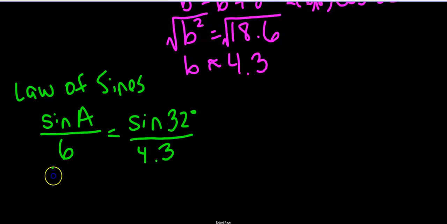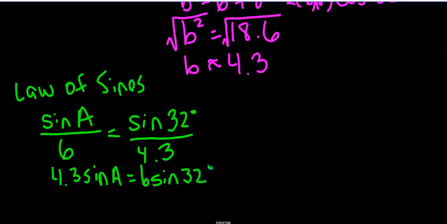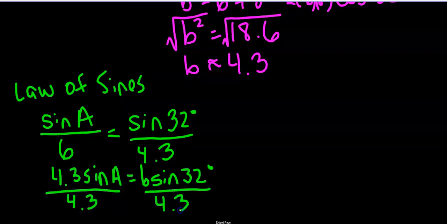Okay. And we just cross multiply. We have 4.3 sine of A equals 6 sine of 32 degrees. Divide both sides by 4 and 3/10. Once again, plug that into decimals, and we get that sine of A equals that value.